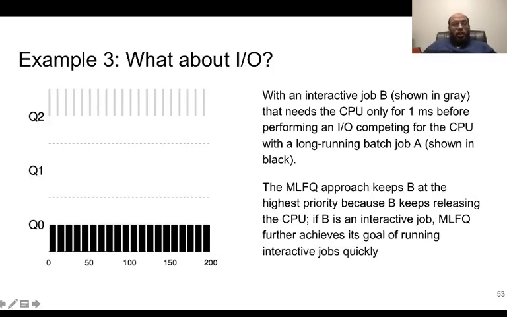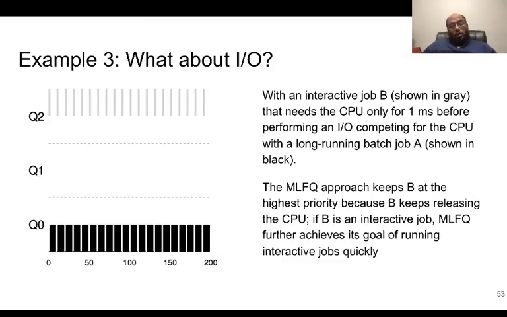So B kicks out A, starts running, but then it blocks on IO, and during the period that it is blocking on IO, A, which is in Q0, can run now because there is nothing else to do in the system. So it runs until basically the interactive job B comes back to life because it has all the data it needs. So now again B gets scheduled, and A stops, releasing the CPU for B, and it goes on and on, whenever job B is waiting for IO, A can run.